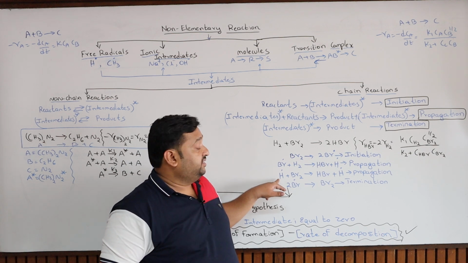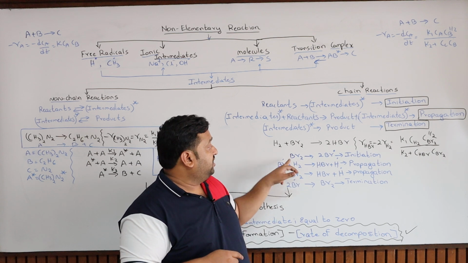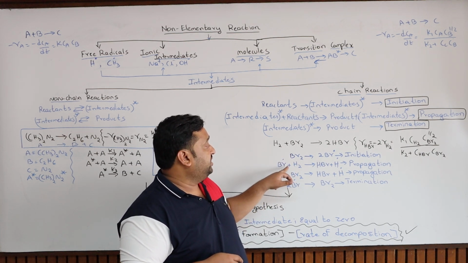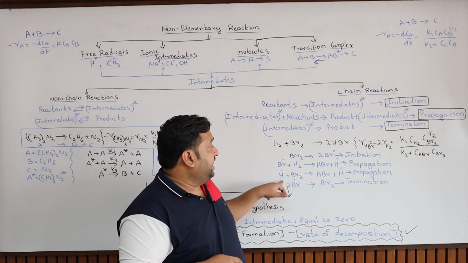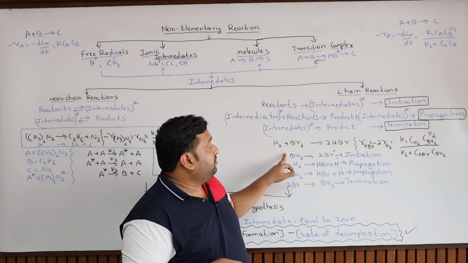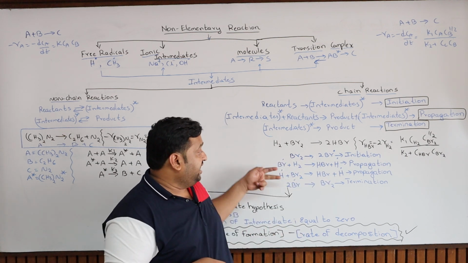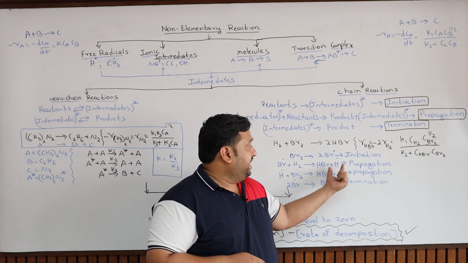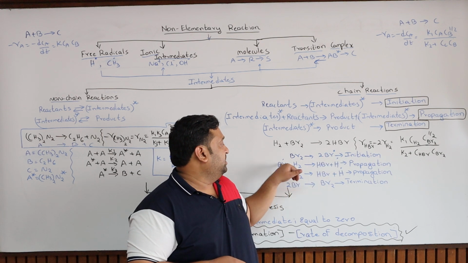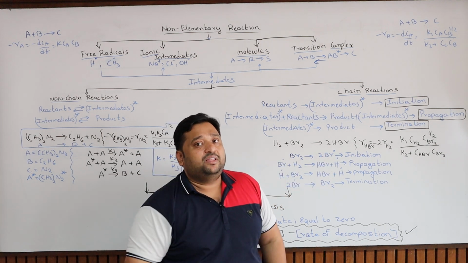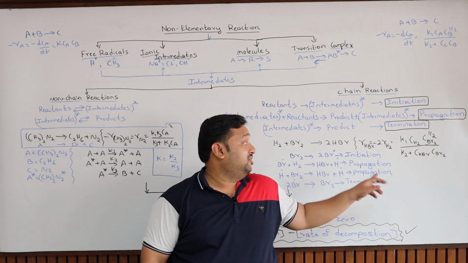The H dot that has been generated here reacts with a normal bromine molecule Br2 and forms the product plus some more intermediate. You can see in these two reactions more intermediates are getting generated. Here our intermediates are Br dot and H dot. In whichever reaction the intermediates are generated along with the product, those steps are called propagation steps.